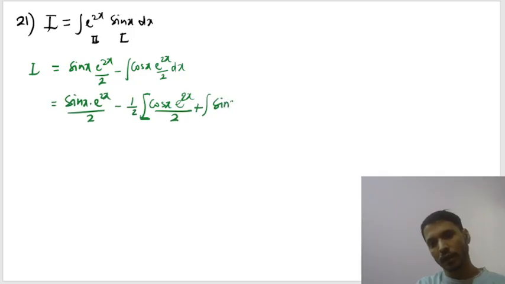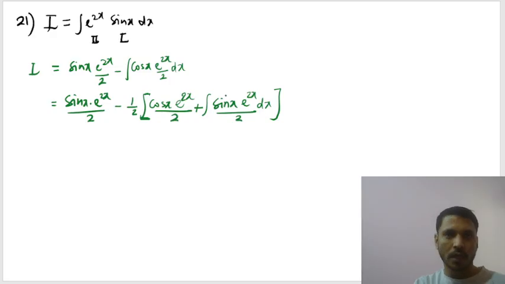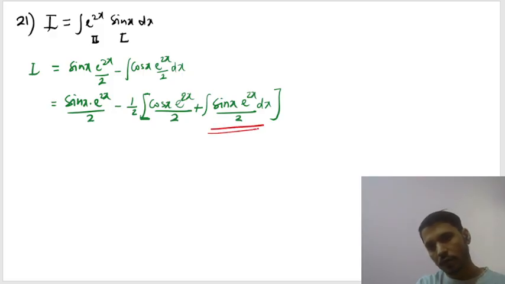So minus sine x and integration e to the power 2x, and here divided by 2 into dx, right? And bracket close. Now here we can see very clearly this part. This part is nothing but the given I only. This is the question only.